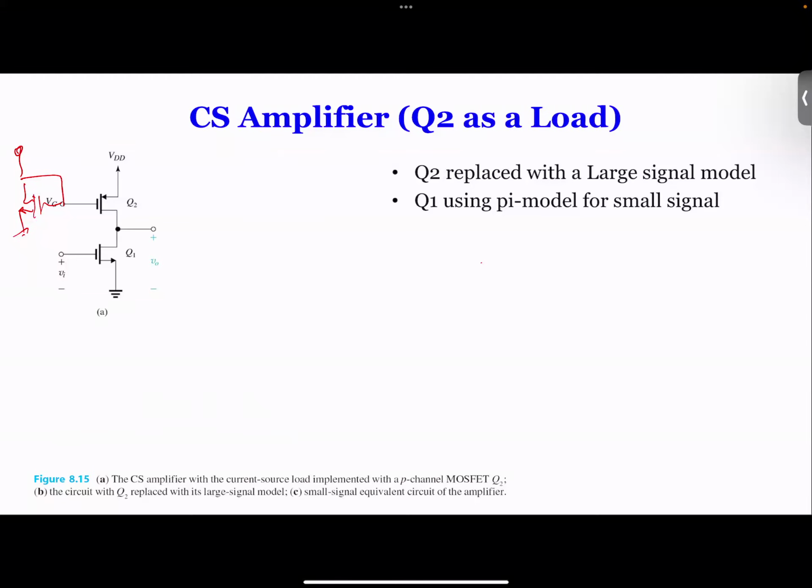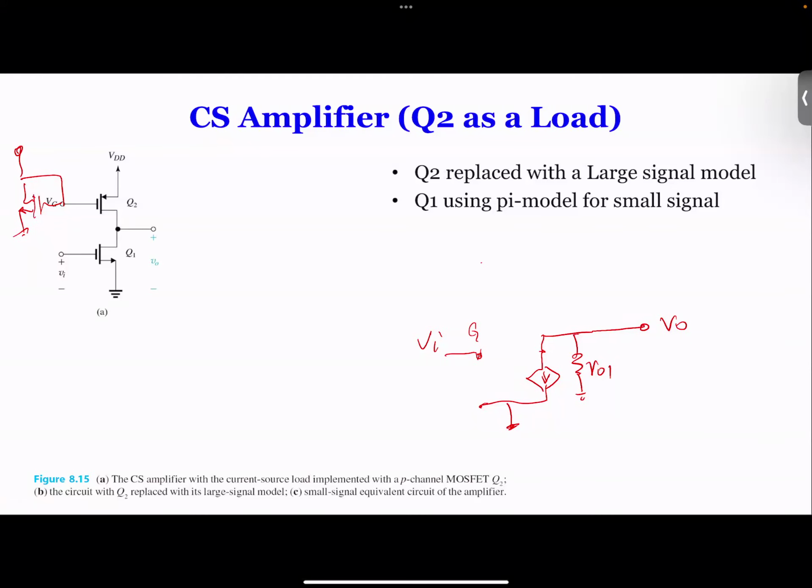So the bottom one has the input, vi, and that's your terminal G. And this is ground. And here we have ro1. This vo at the middle. So that's the bottom one. And then now we go to the top one. The top one is the PMOS.